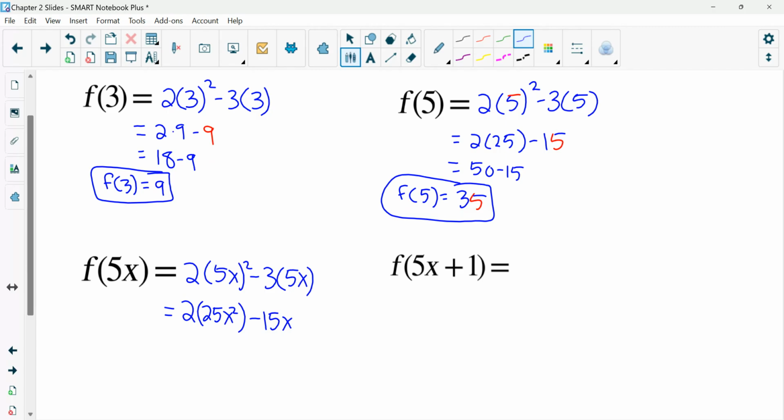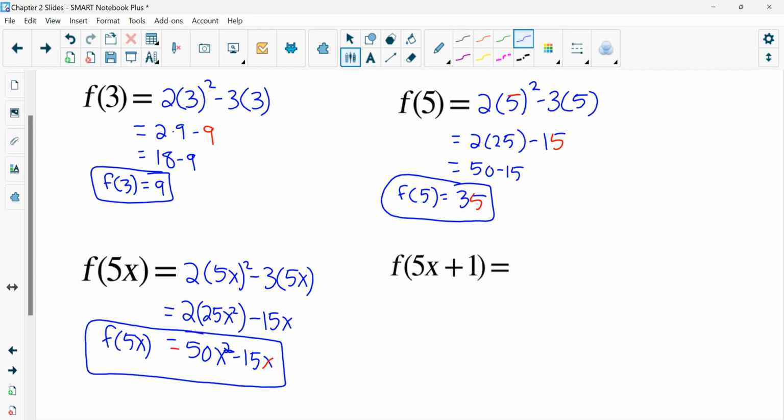And then I can go ahead and multiply the 2 and the 25x squared together. So my answer here for f of 5x would be 50x squared minus 15x. I can't combine any of those like terms, so we are just finished.